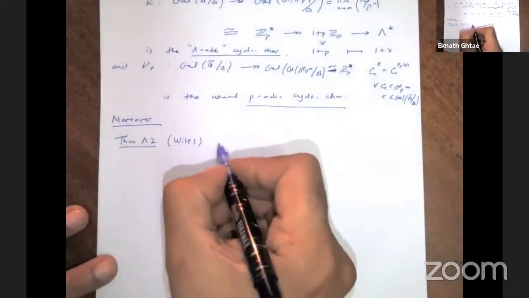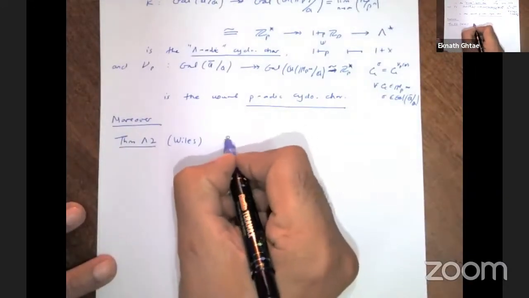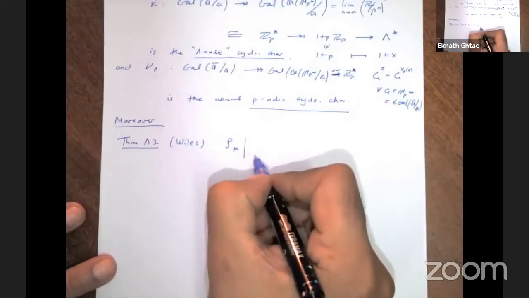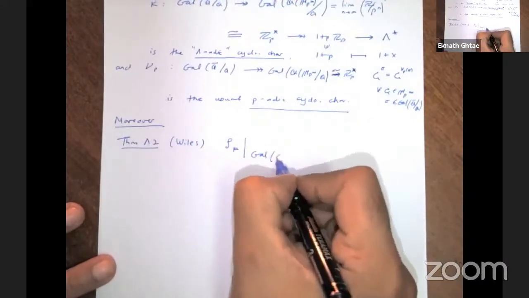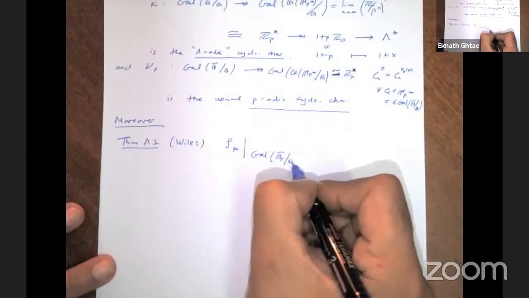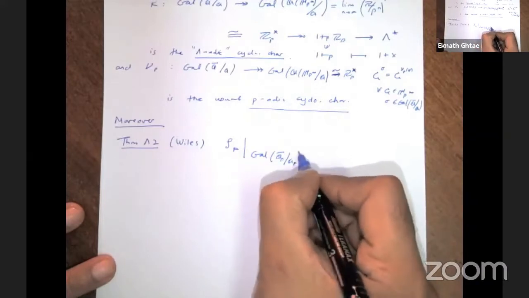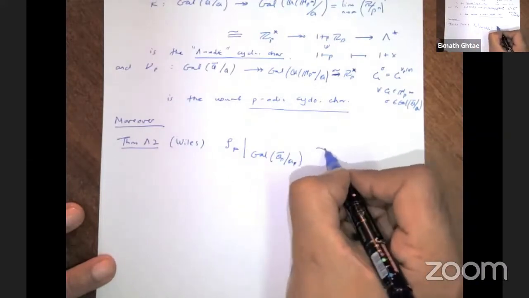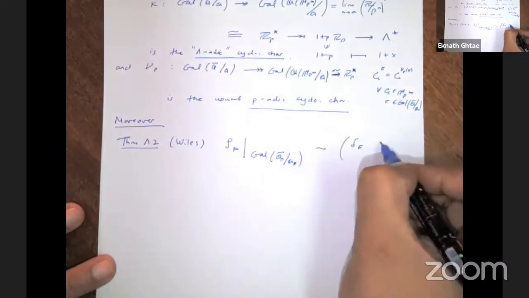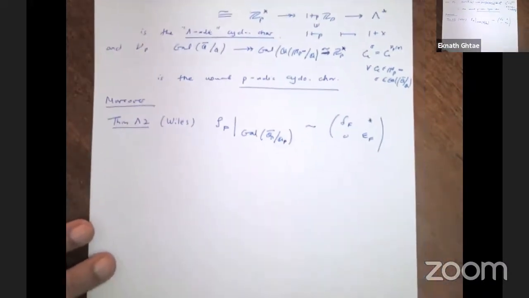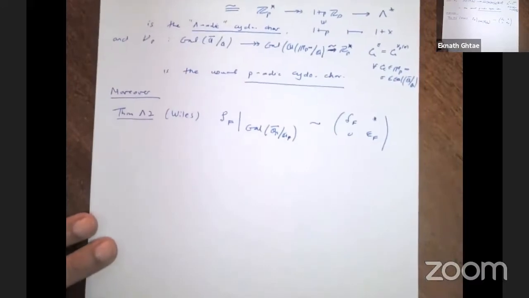So the second theorem, analog of that, of Wiles, is that the Lambda-adic Galois representation is also reducible. So delta F and epsilon F are two characters, just like they were last time in the classical situation with little f.